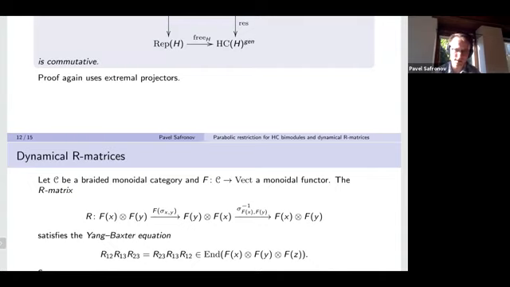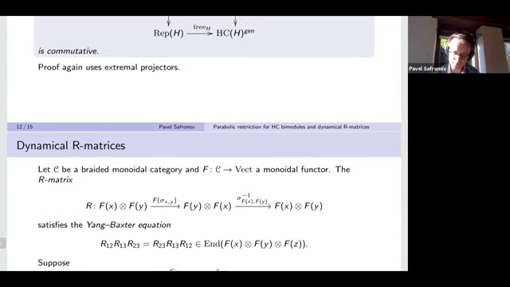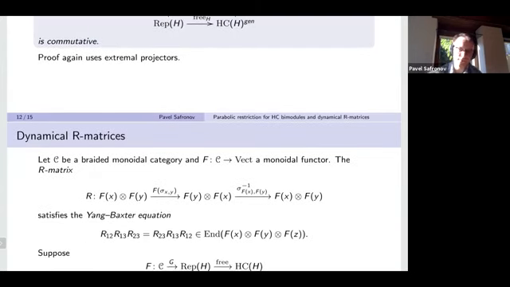So you can construct this automorphism R, which is the difference between the braidings on C and on Vect, and it is going to satisfy the Yang-Baxter equation. So if you have 3 objects X, Y, and Z, then you can act by R 3 times.